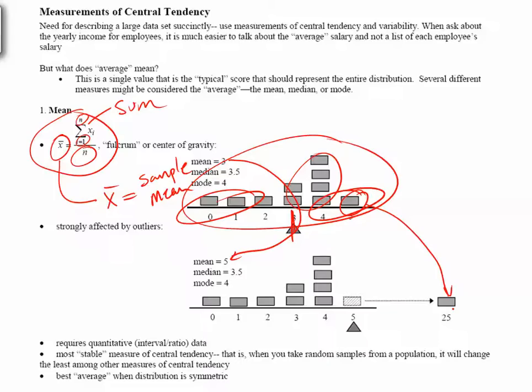So when we have outliers, observations that don't fall within the general grouping of our distribution, it might be more helpful to use another measure of central tendency. Another measure that we might use in this case is the median, and you notice that the median is the same for both of these distributions.